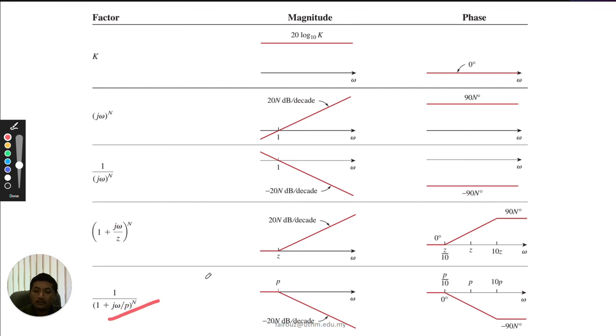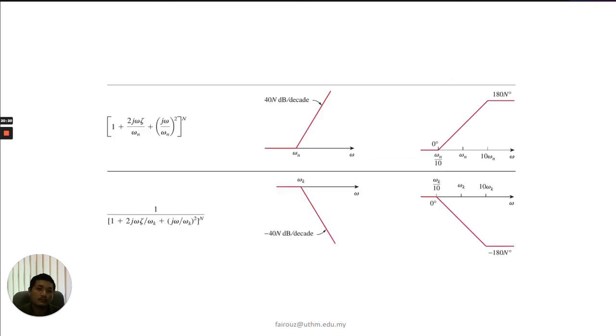Same thing for the simple pole, just the reverse. Instead of 45 degree per decade, this is negative 45 degree per decade. For the quadratic pole and zero, I will skip this.